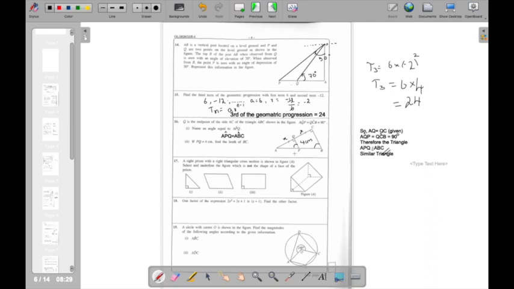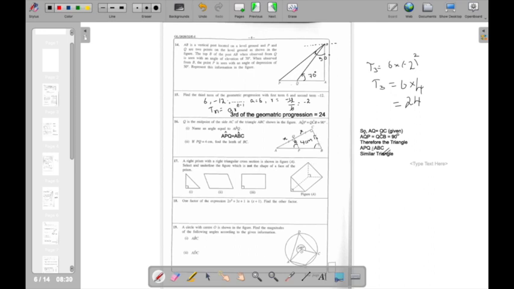So if that is 2x and this is 4 centimeters, these will obviously be corresponding angles, since these angles are equal to each other.